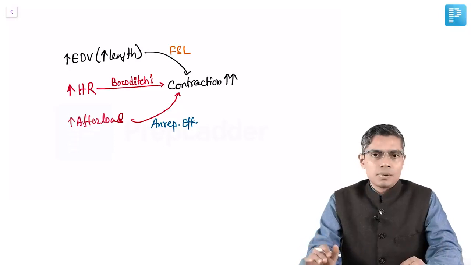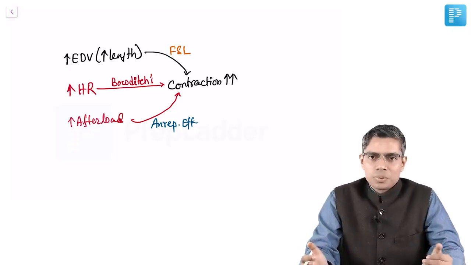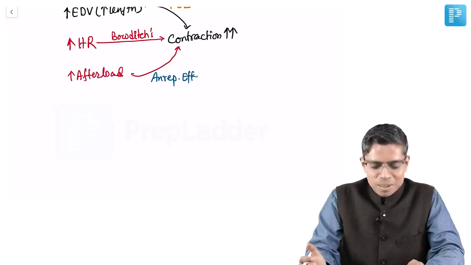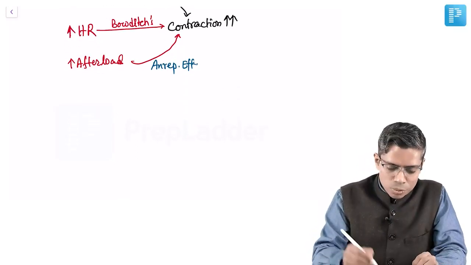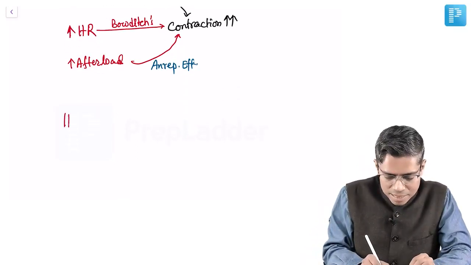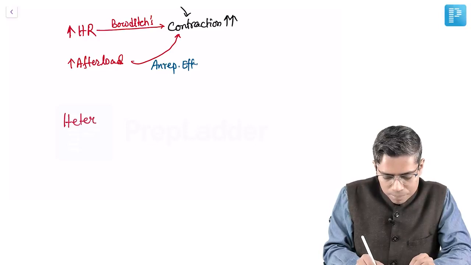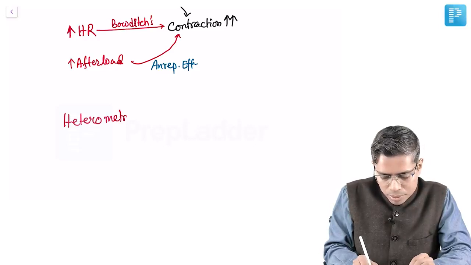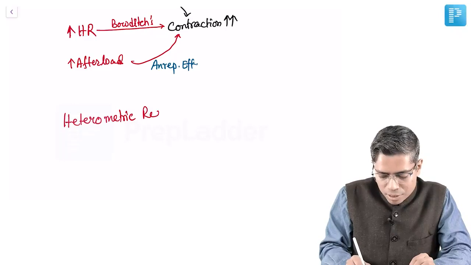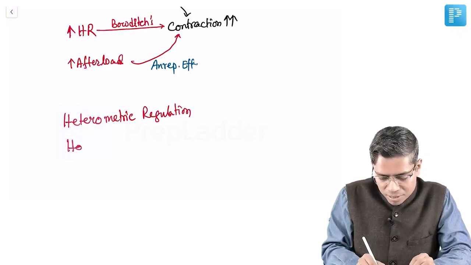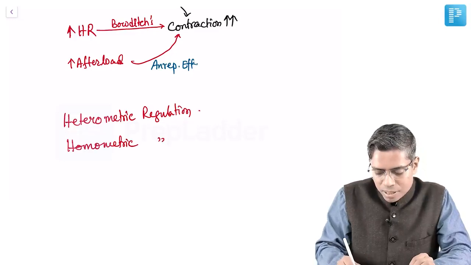Now, after discussing this whole cardiac output regulation, in some books you may find two terms: heterometric regulation of cardiac output and homometric regulation of cardiac output.